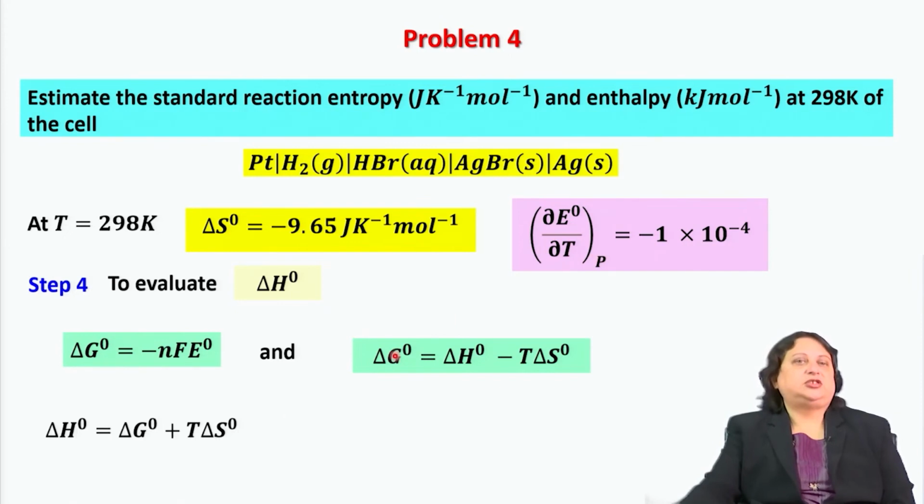So, what is delta H naught? That is delta G naught plus T into delta S naught.